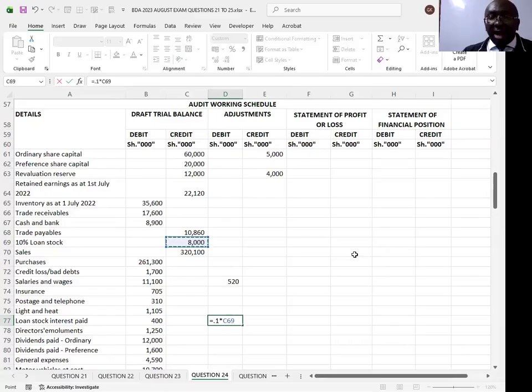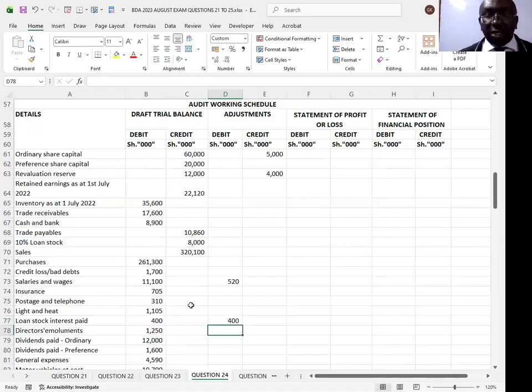And then because it was paid for half, I multiply by 0.5. Tell me what you're getting. Yeah, good. So that 400 should be debited there. Ndio now hii 400 plus this 400, they will give us 800.